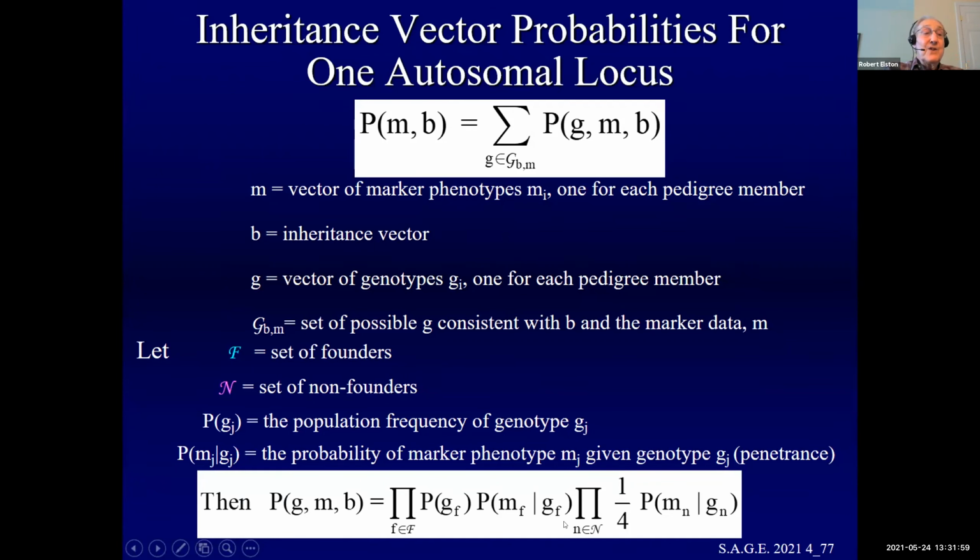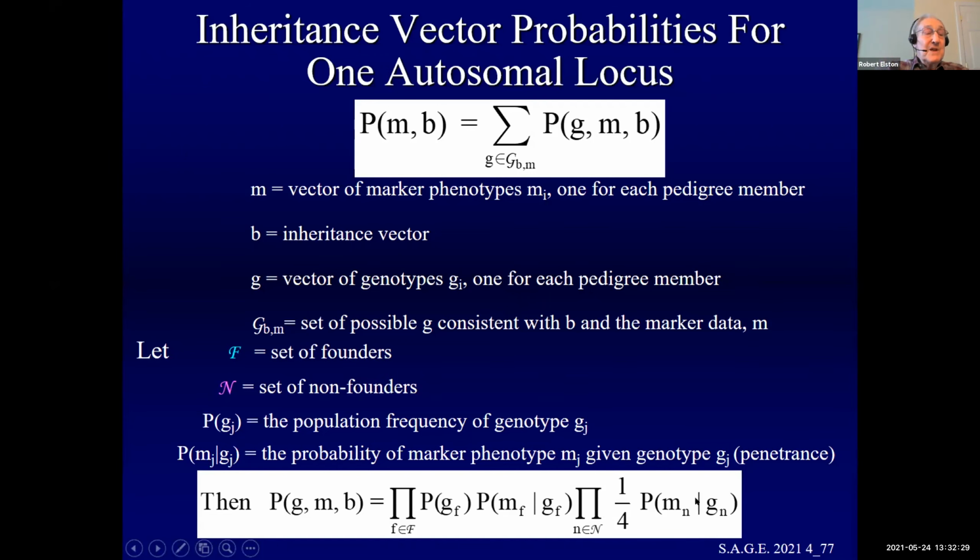And then you have to take the product over all the non-founders here, and you have 1/4. 1/4 is a transition probability. Every allele is transmitted with probability 1/4, times the penetrance, the marker phenotype given the marker genotype. I can't see where my arrow is.